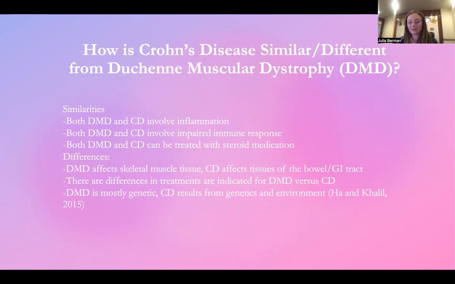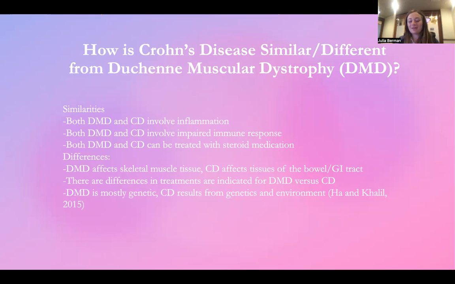DMD affects all skeletal muscles and muscles such as the heart and the diaphragm, which is greatly involved in respiratory function. And DMD, as we discussed before, is mostly genetic.